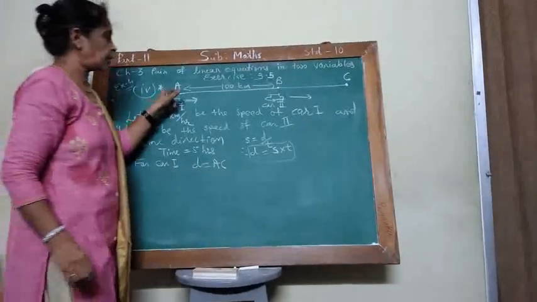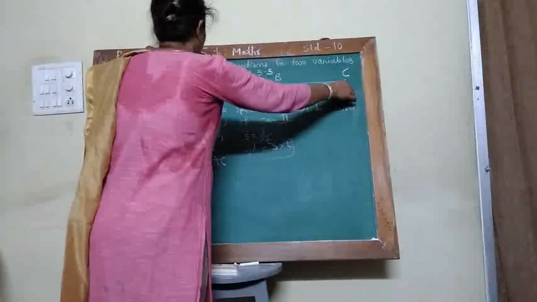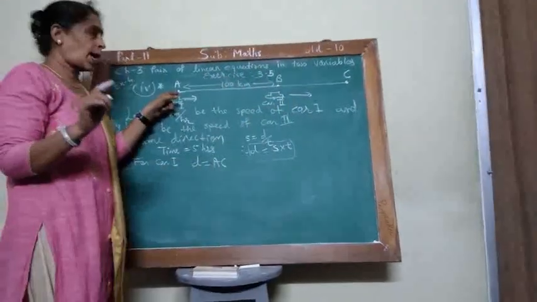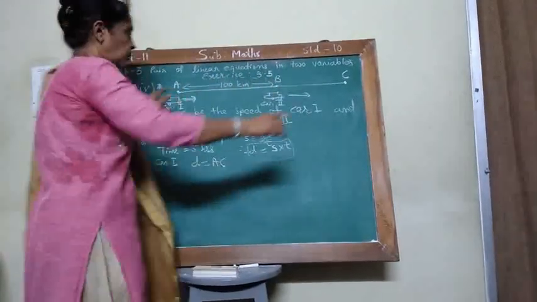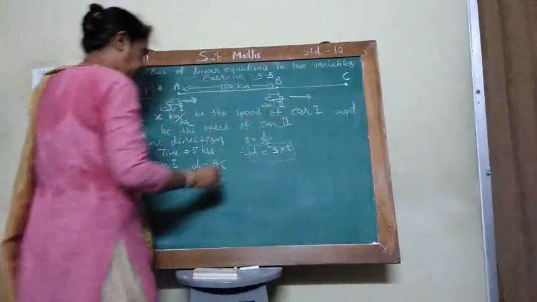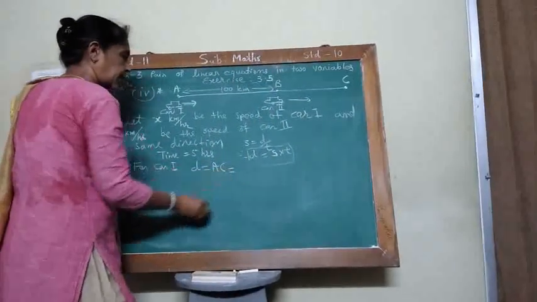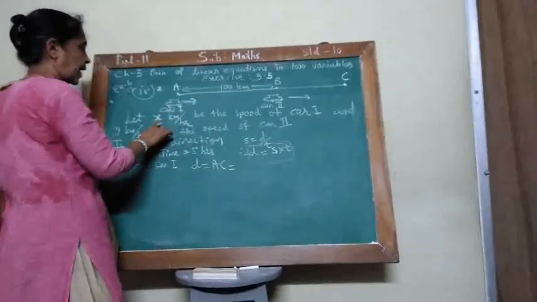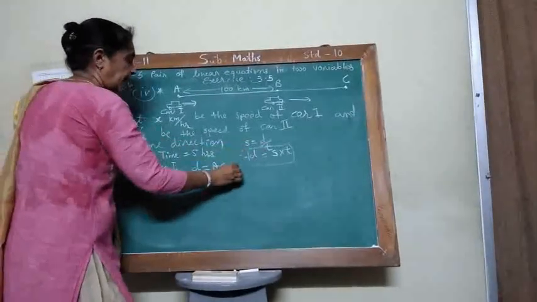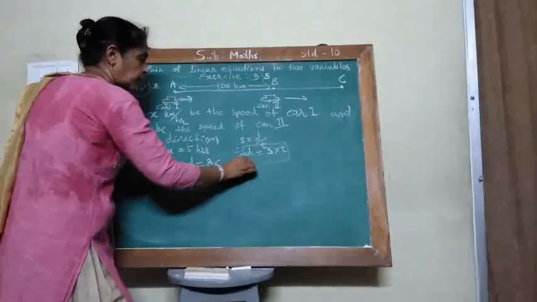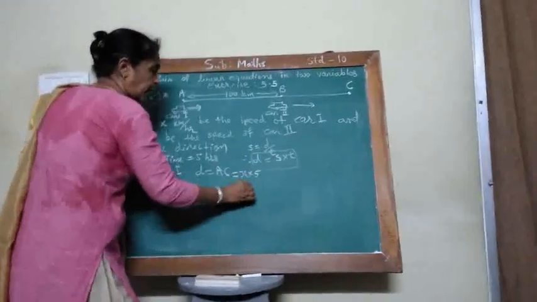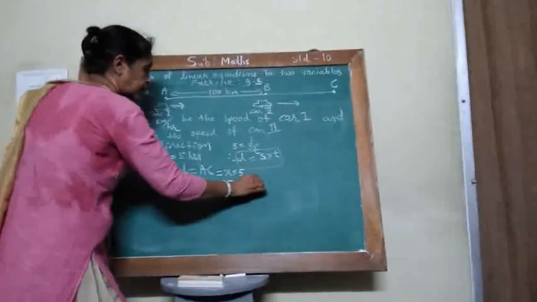It travels from A to C, since both cars meet at point C. So AC is the distance, equal to speed x kilometer per hour and time 5 hours. So 5x kilometer it travels.